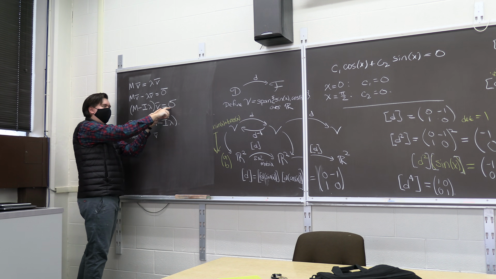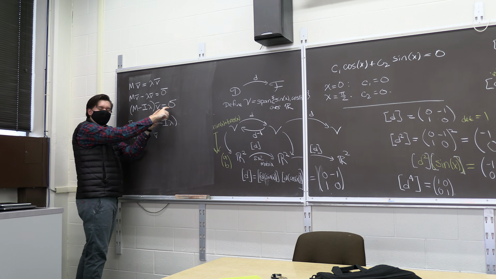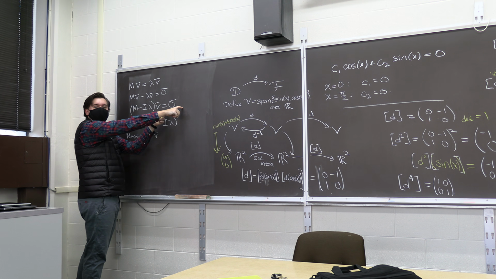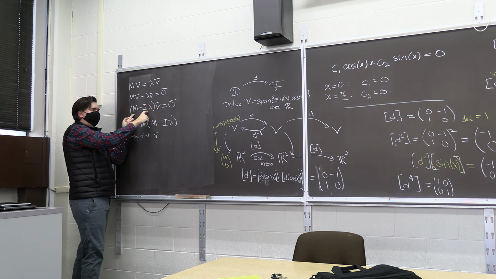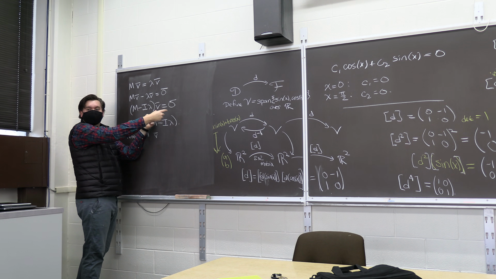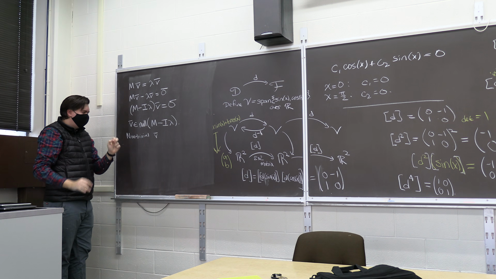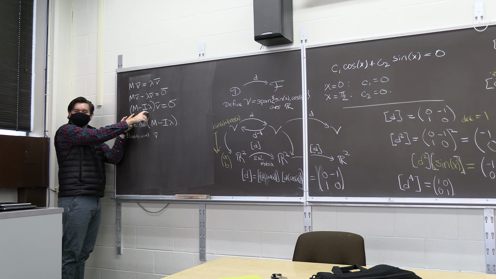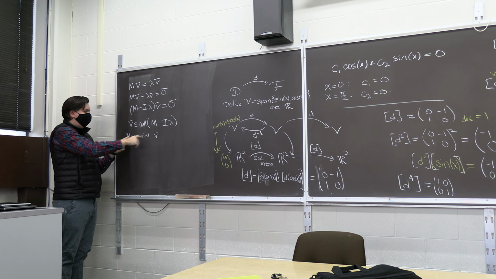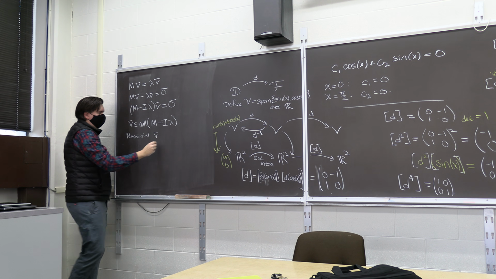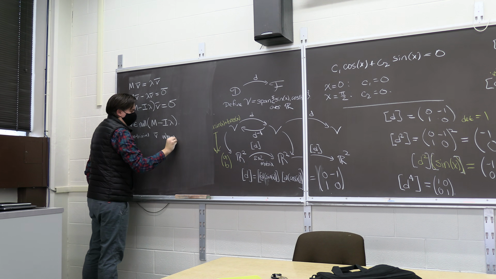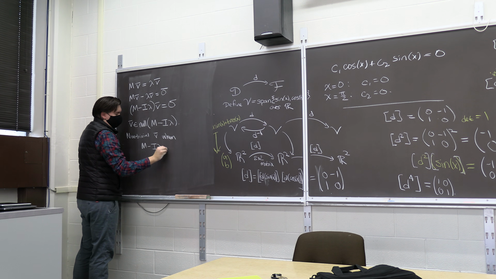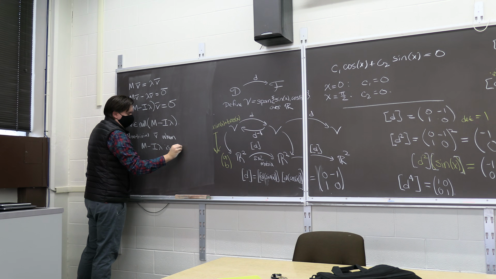You can move it to the other side as its inverse, but then you'd have some matrix times 0, so V is just 0. So if this matrix is invertible, your V is forced to be 0. That's the only solution. So if you want a non-trivial solution for V, you want this to be a non-invertible matrix. So we have a non-trivial solution to V when M minus lambda I is non-invertible.